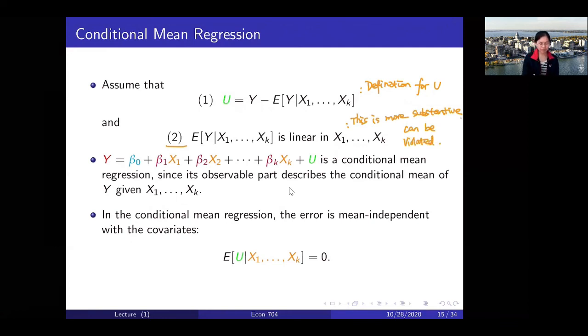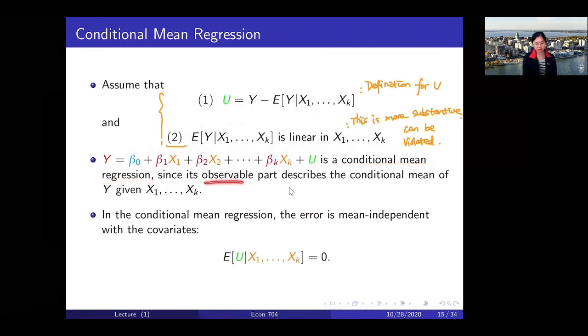Now, if you have these two, let's say you define u to be the difference between y and its conditional mean given x1 to xk, and you assume the conditional mean is linear in x1 to xk, then this colorful equation that we wrote down is the conditional mean regression.